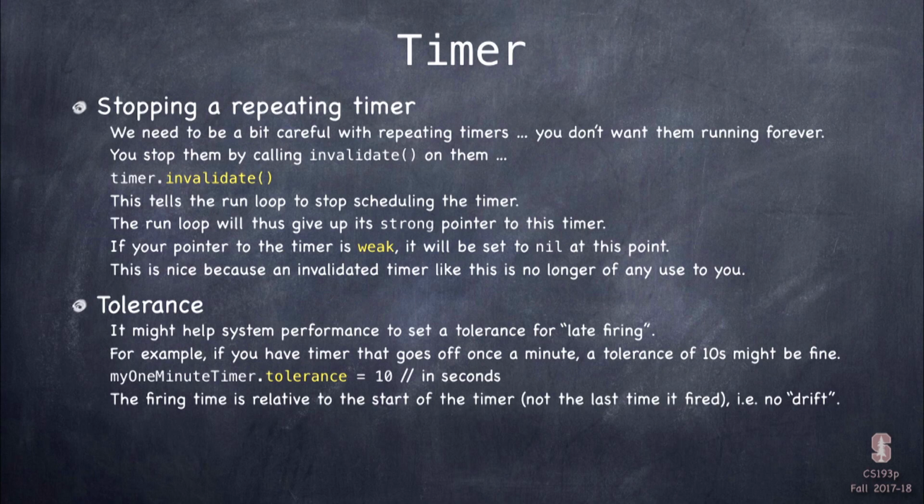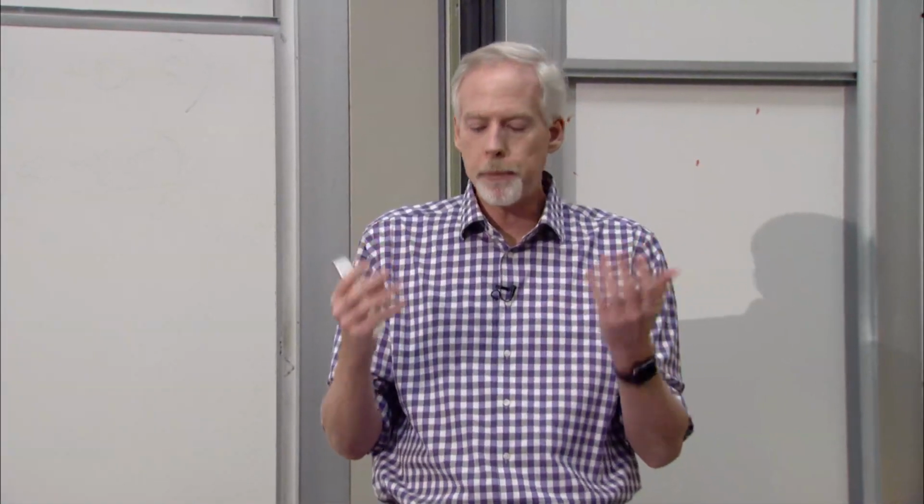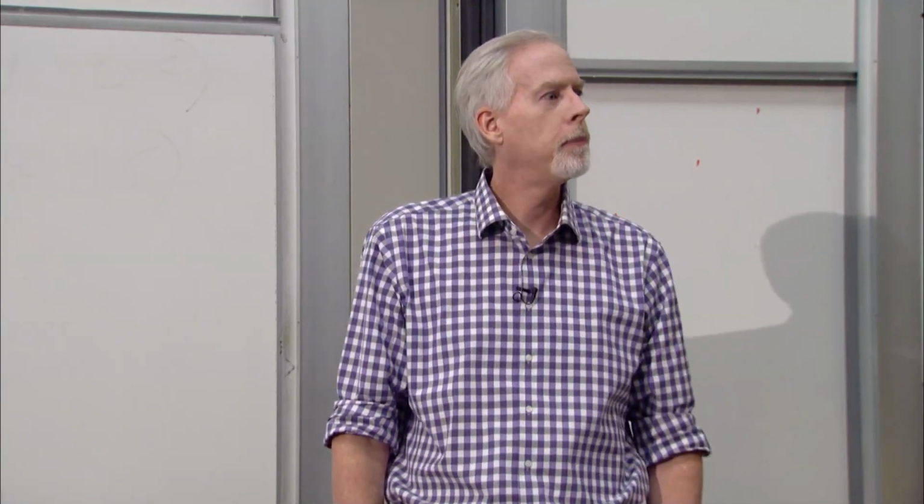So if you give it a little tolerance, it won't have to wake up specifically to run your timer. By the way, even if you have tolerance 0, these timers don't run right on the microsecond of when you specify. These are not microsecond level timers. In practice, they're probably accurate to a 10th or 100th of a second very reliably, but these are not for real-time animation or something like that.